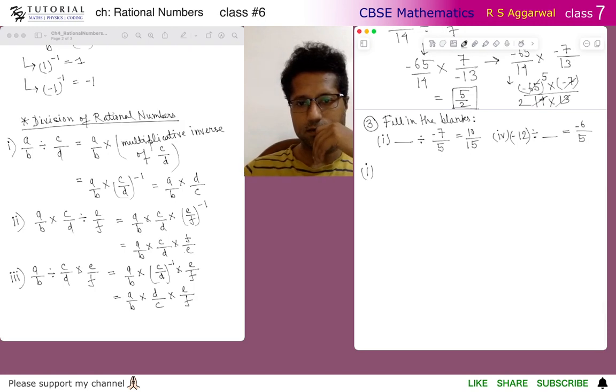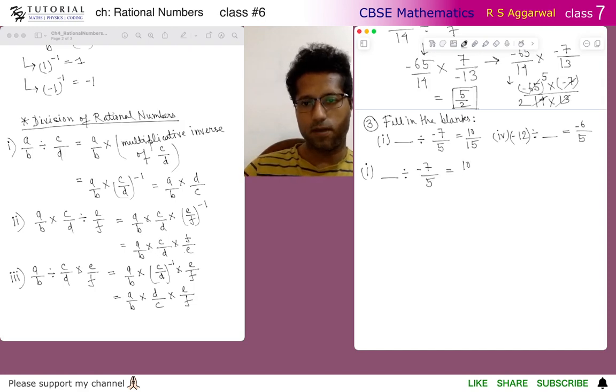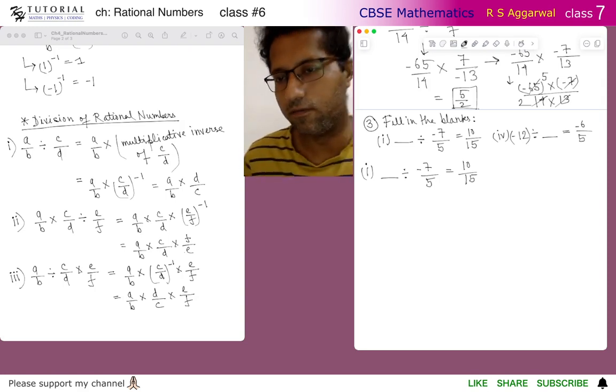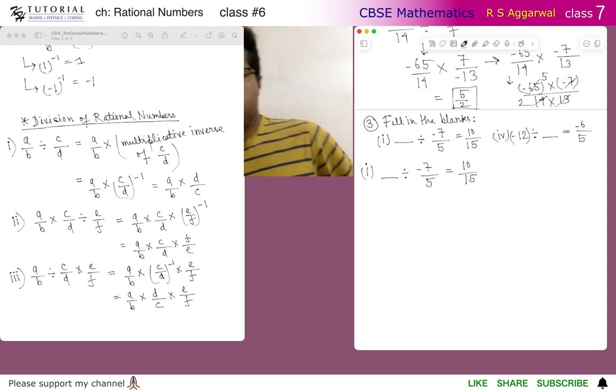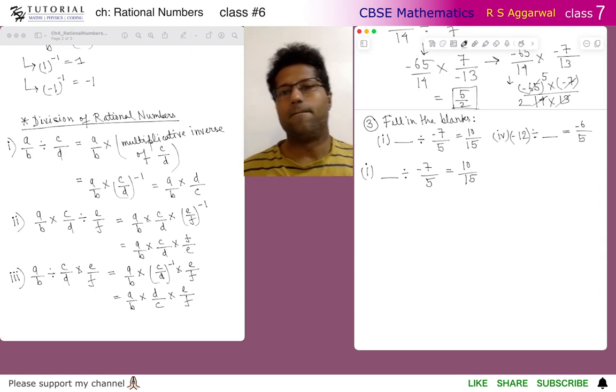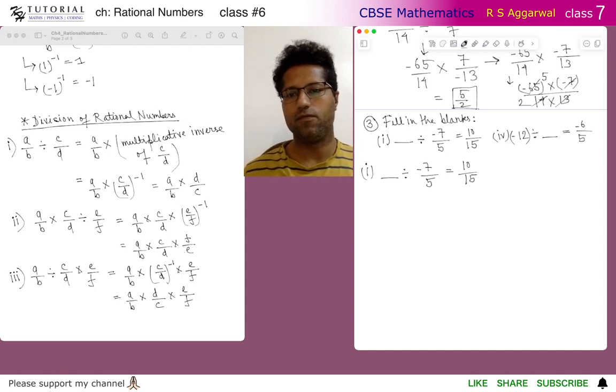It is asking what number should be divided by minus 5 by 7 to give 10 by 15. So this mathematical statement in words means what rational number should be divided by the rational number minus 7 by 5 to give 10 by 15.